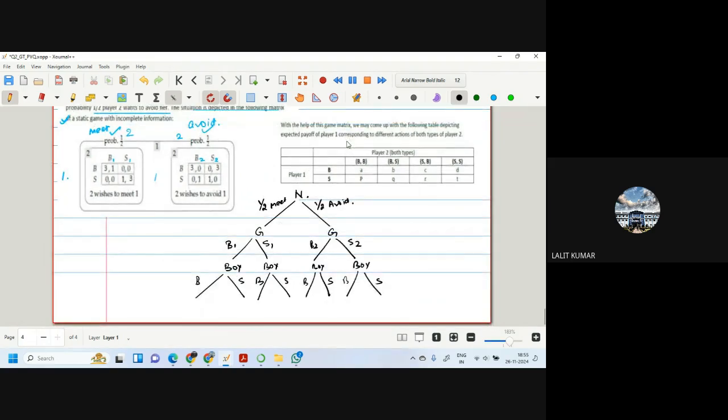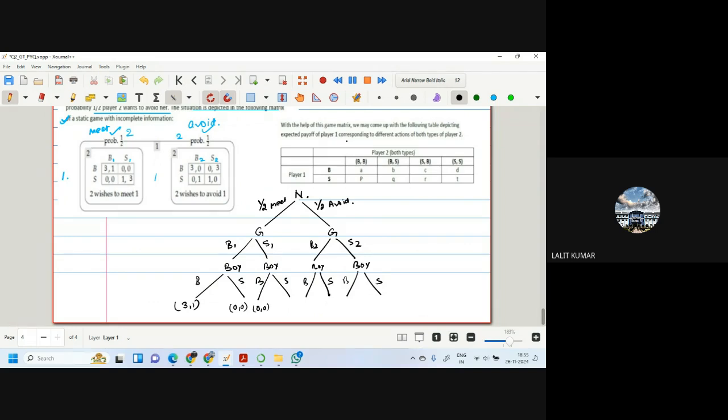Now see, for the meet type of girl, अगर B1B है, so what is the payoff? 3-1. अगर B1S है, then it is 0-0. S1B is again 0-0.